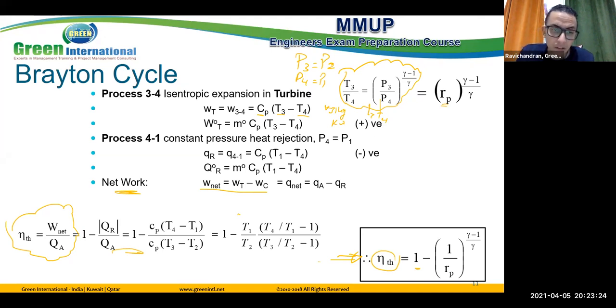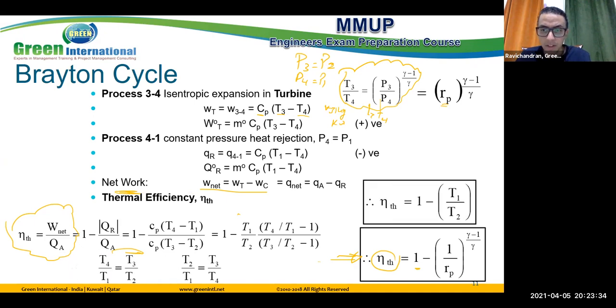Where does this come from? After cancellation in the equation of efficiency, you get a relation only of temperature, like this one here. Efficiency equals 1 minus T1 over T2. That's it. After different calculations and simplification, you get 1 minus T1 over T2.